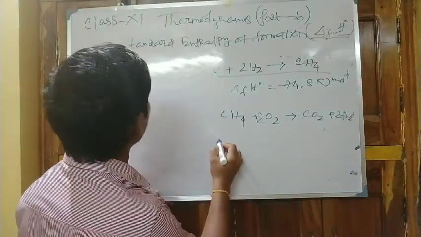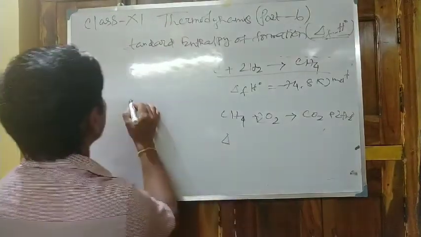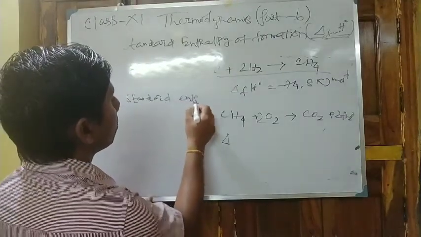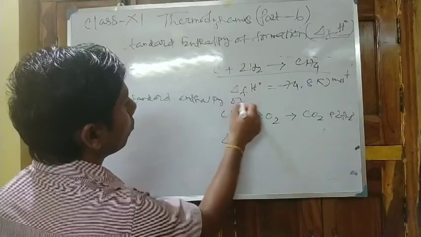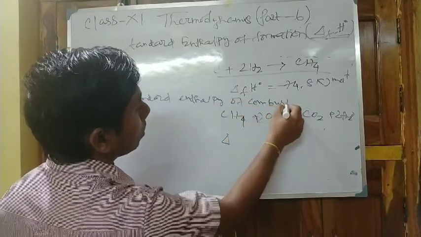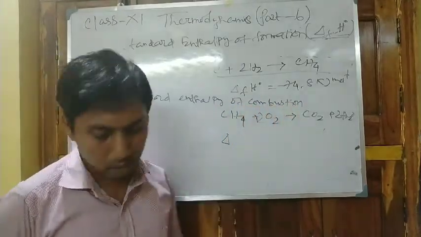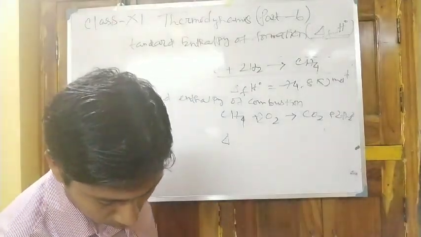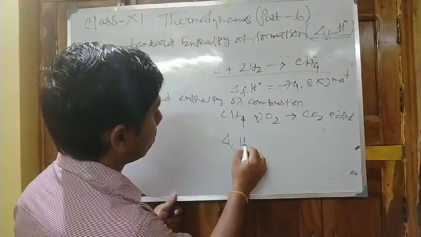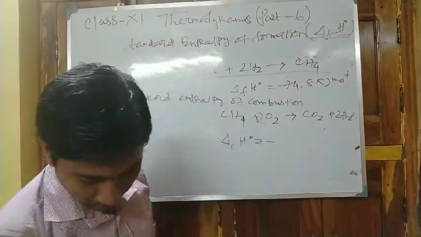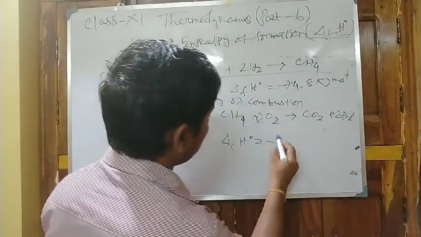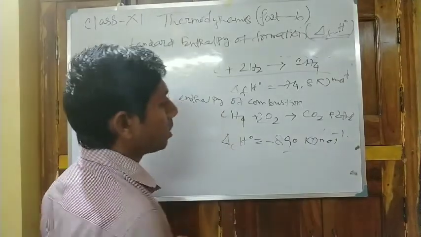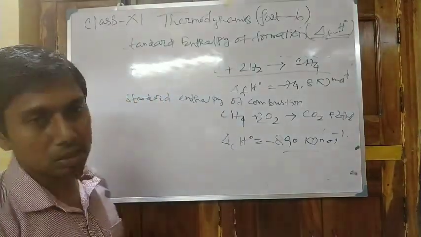Now here the standard enthalpy of combustion for this process is equal to minus 890 kilojoule mole inverse. So a large amount of heat is evolved in this process.